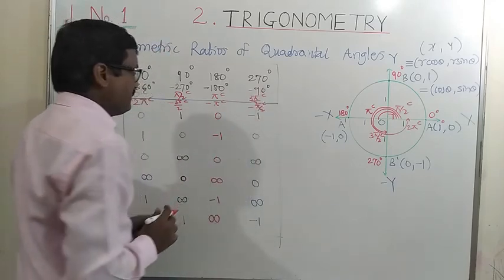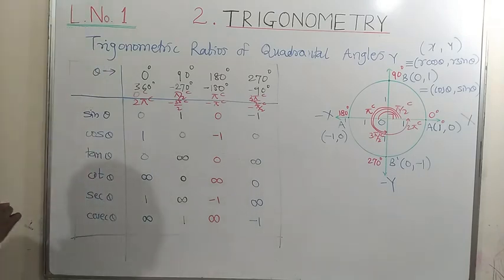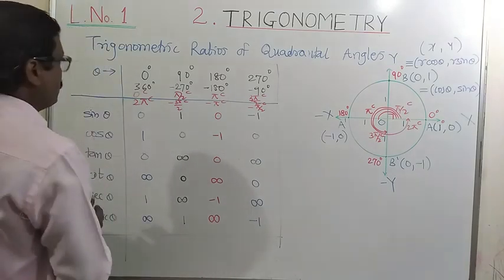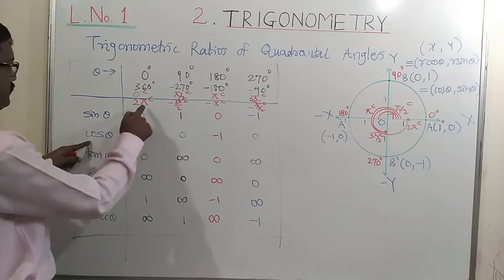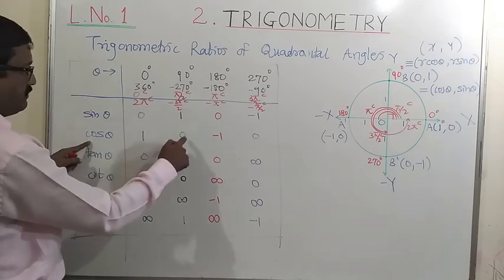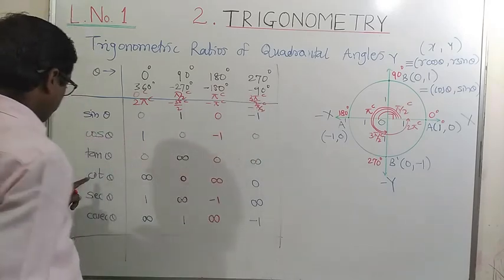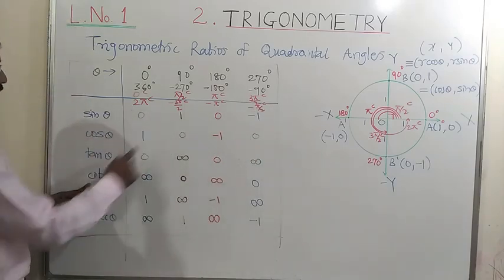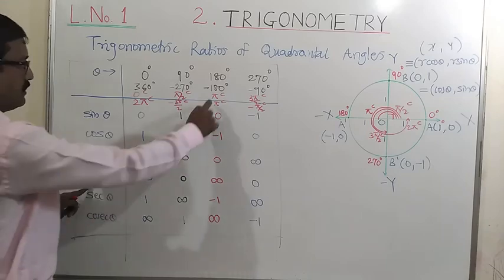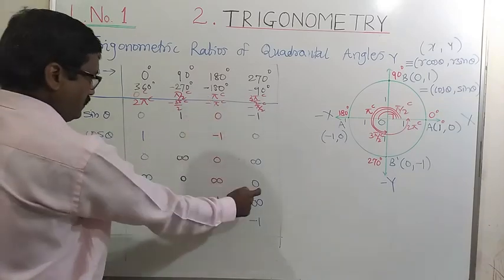So you have to remember the trigonometric ratios in this way also: cos of 2 pi is 1, cos minus 3 pi by 2 is 0, cos pi is minus 1, cos 3 pi by 2 is 0, or cot 2 pi is infinity, cot pi by 2 is 0, cot minus pi is infinity, cot 3 pi by 2 is 0.